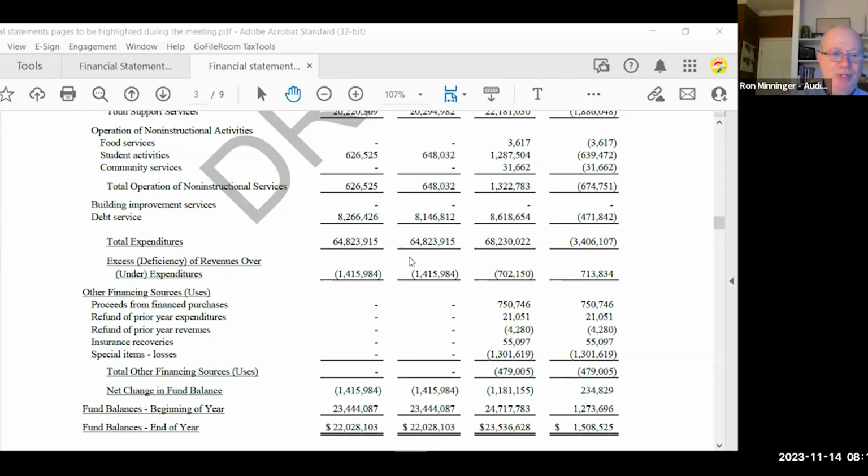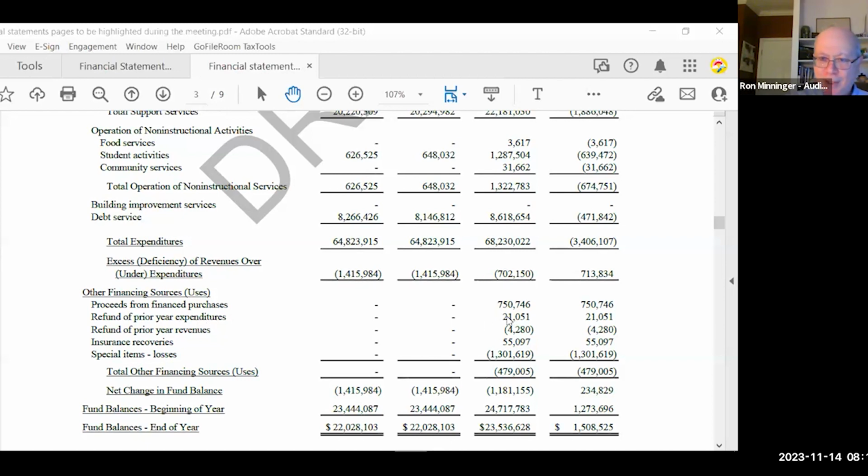So what happens when you have a new lease or new subscription? You show the total cost as an expenditure in the year that those agreements are signed, with an accompanying revenue, proceeds from finance purchases. That's $750,000.